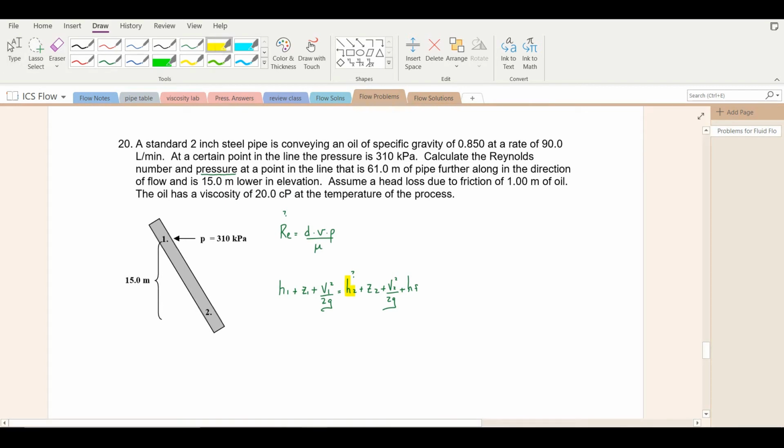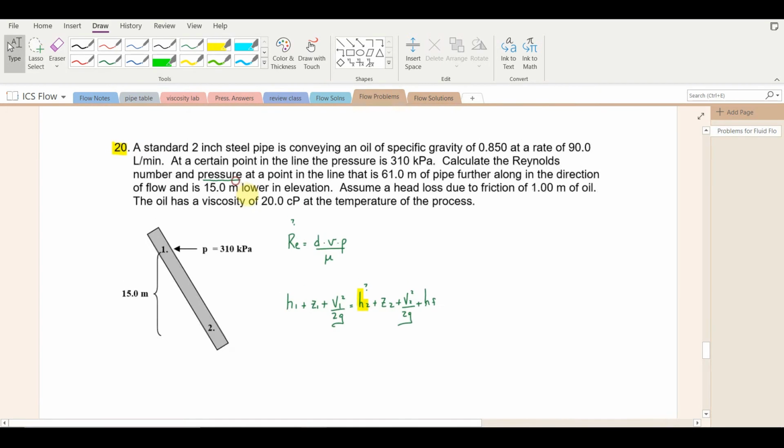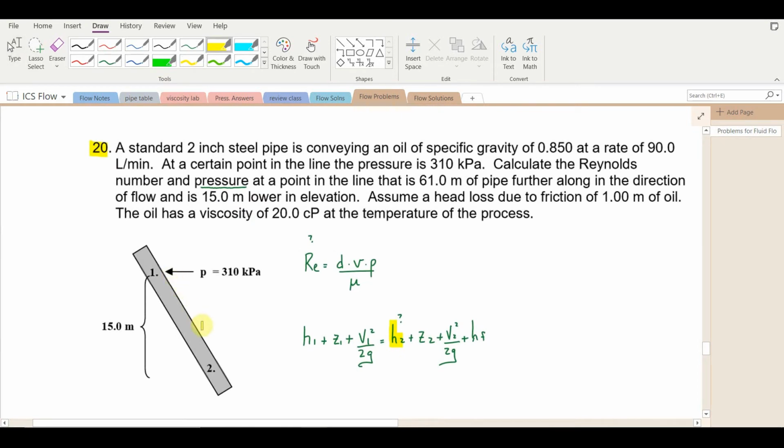Problem number 20. We have a standard 2-inch steel pipe, and standard means schedule 40. It's conveying oil of specific gravity 0.85 at a rate of 90 liters per minute. At a certain point in the line, the pressure is 310 kilopascals.